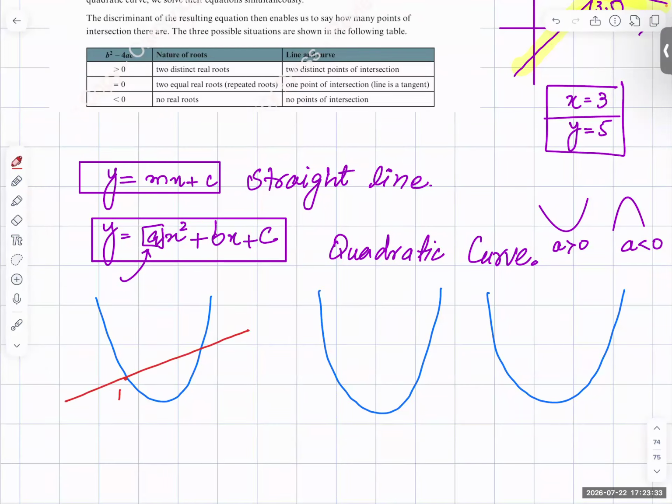Either your straight line will cut the curve at 2 points, or your straight line is going to be tangent to the curve, or your straight line will not intersect the curve.